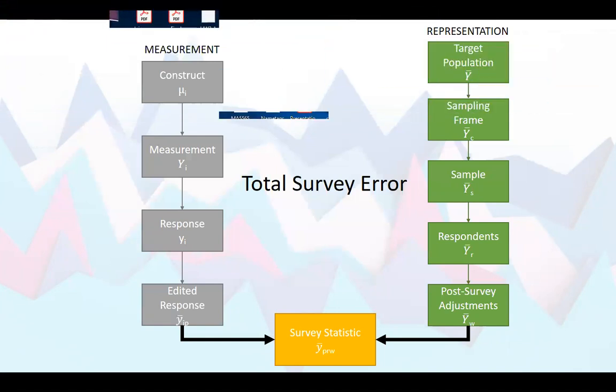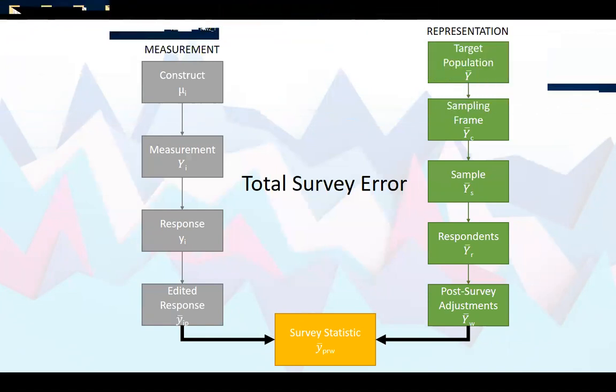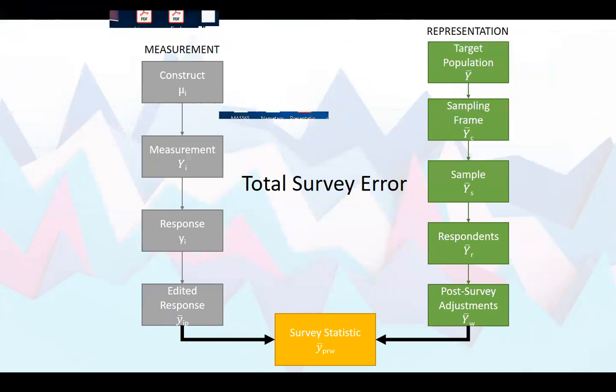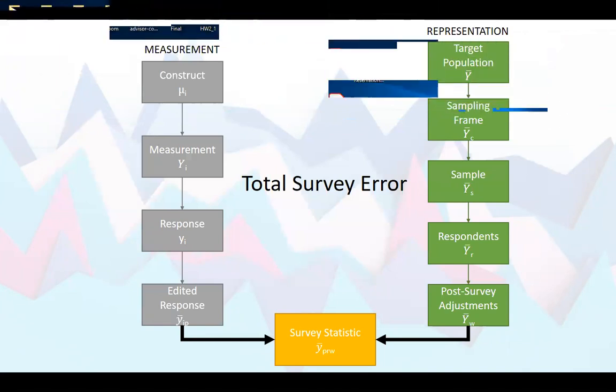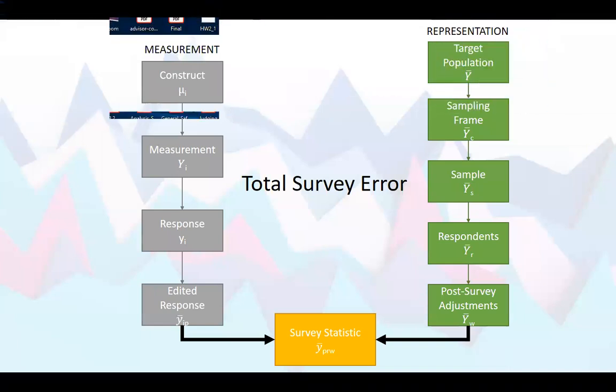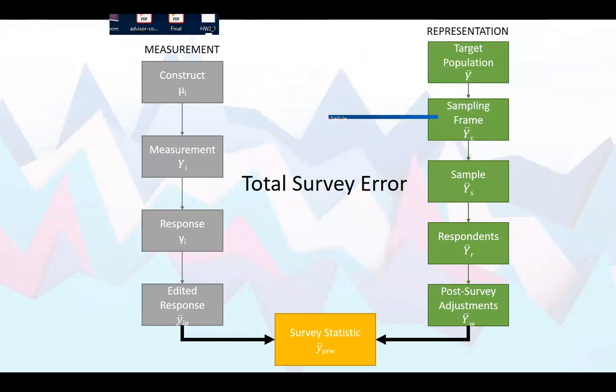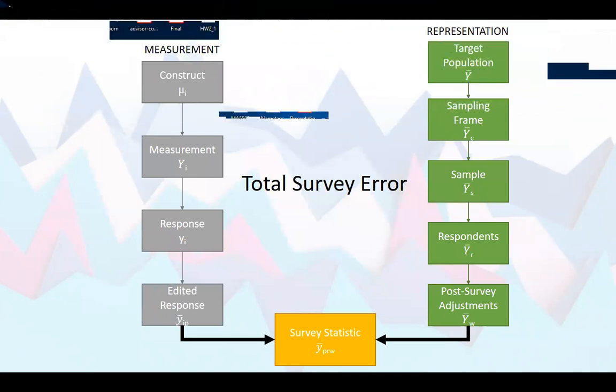Combine those two things together, and you get your survey statistic. For just one column, let's say, in a spreadsheet. If you want more than one variable, because you want to do more than just description, you want to explain, you need at least another column, and you have to repeat this again.